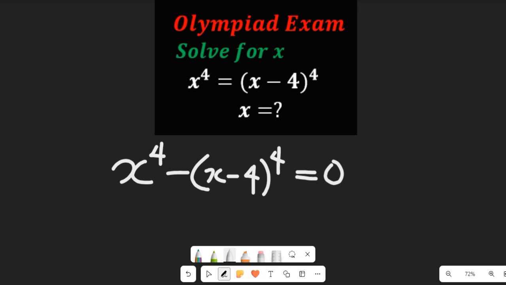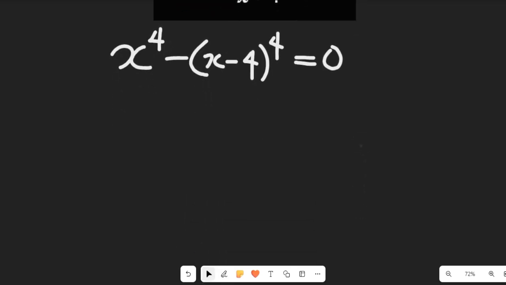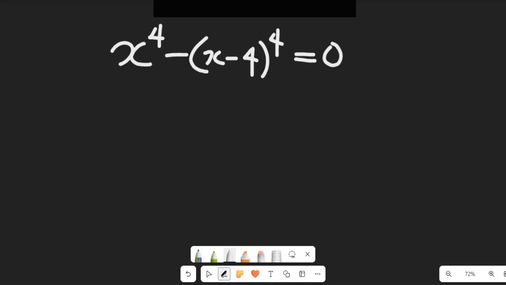Now in the next step, we're going to simplify such that we can apply algebraic expressions in solving this question. If we simplify, 4 is equal to 2 multiplied by 2. That's a known fact.